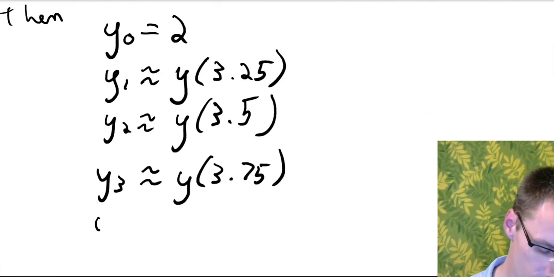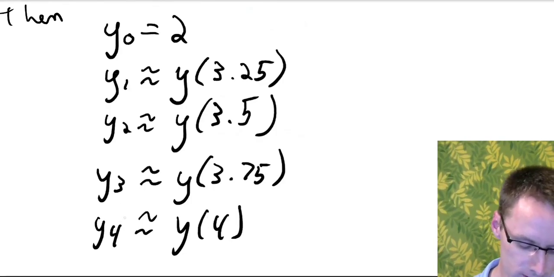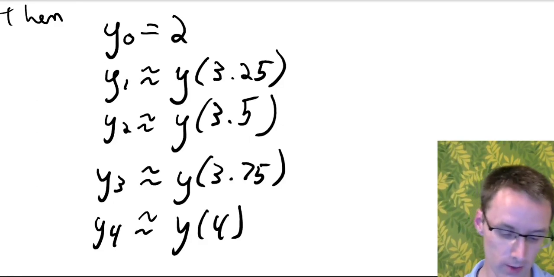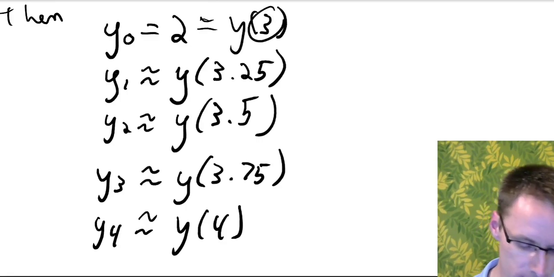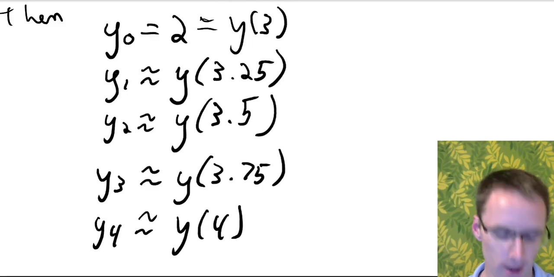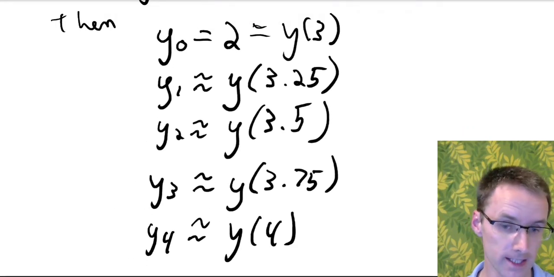And finally, y4 would be an approximation of y at 4. And it's just a coincidence that there's a 4 here and a 4 here. This just means we had to take 4 steps of size a quarter to march all the way from 3 to 4. Okay, so I'll leave it as an exercise for you to work that out in the comments.